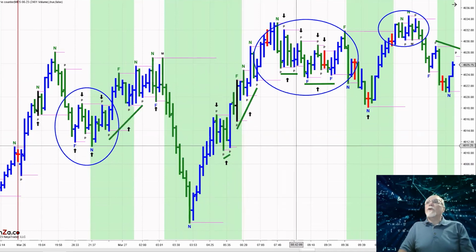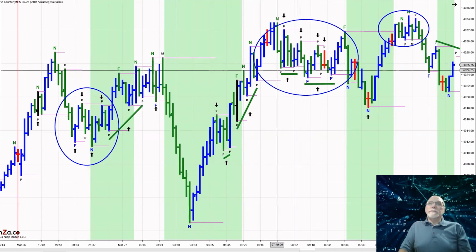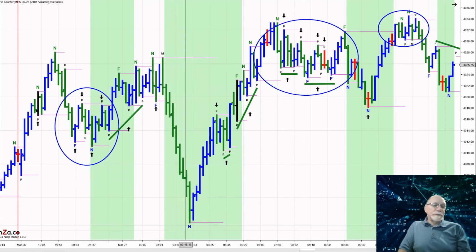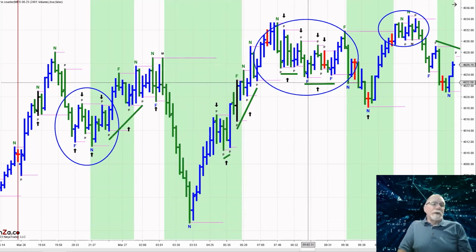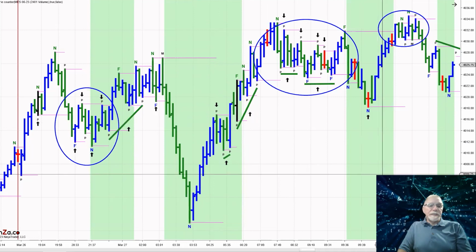The F's are failed oscillations. They have breached a price failure, but they have not breached a new low. And then you have the N's, which are new support and new resistance.